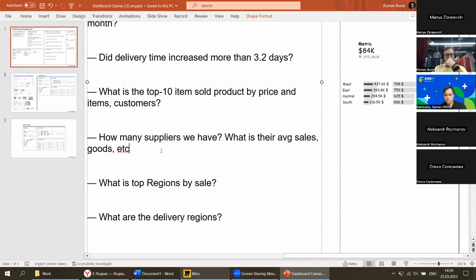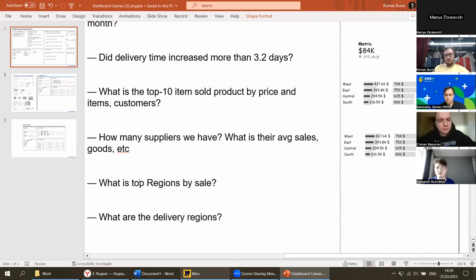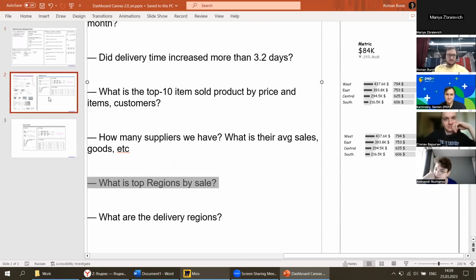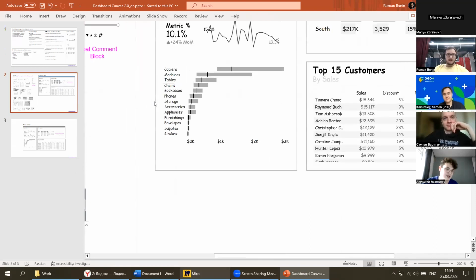So probably it is the same with the bar charts. Yeah, I would also say so. Yeah, it sounds okay. What are the top regions by sales? Again, bar chart. Yeah. Horizontal bar chart.